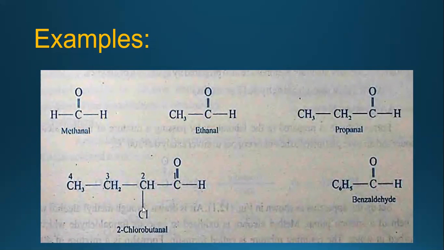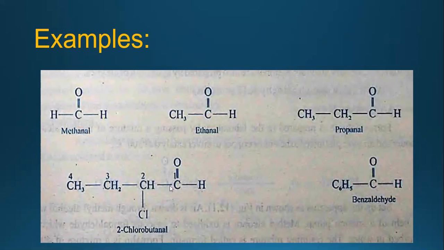And if any other group is present in the compound, then always start the numbering from the carbonyl end, that is number 1, and this next carbon has number 2. The substituent is attached at position number 2. So the name of this compound starts with 2-chloro, because this group is present at carbon number 2, and its position is indicated by the number 2.